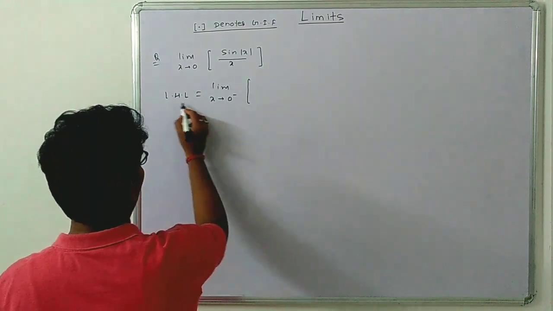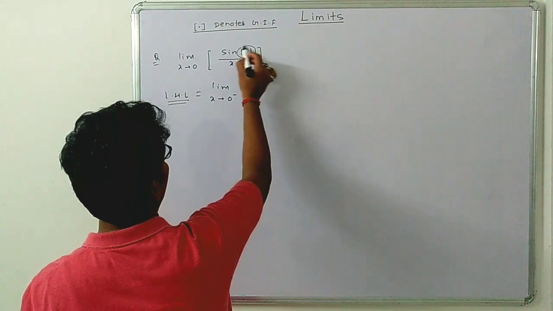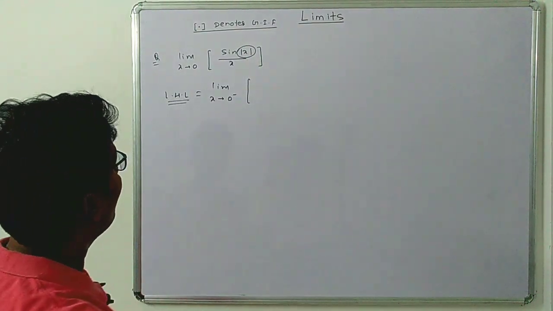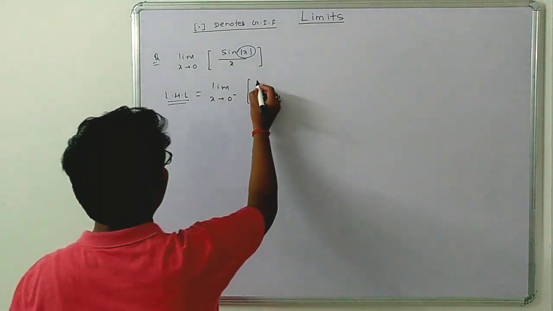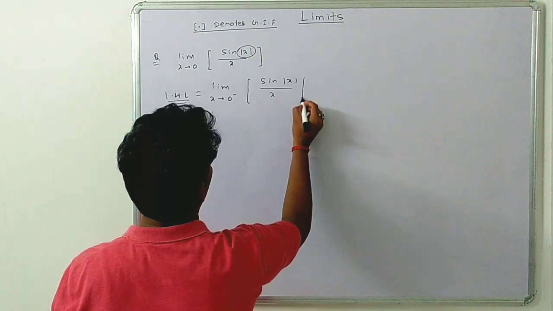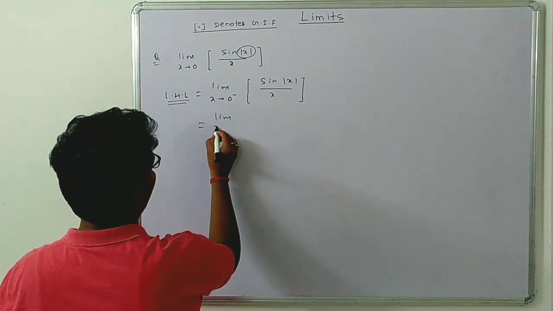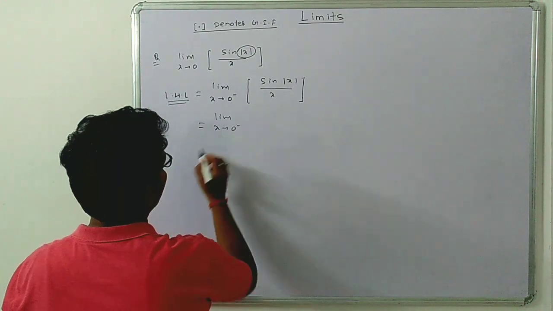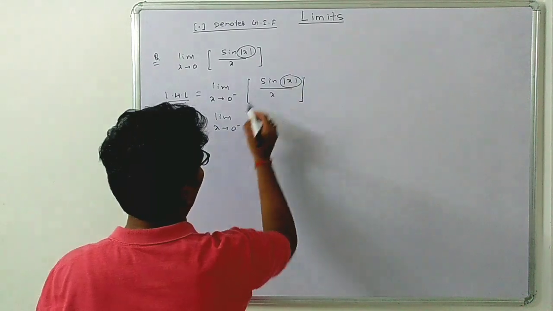Why are we finding the left hand limit and right hand limit separately here? Because this is inside the modulus, and the modulus changes for values less than 0 and greater than 0. So 0 minus, greatest integer of sine of mod of x divided by x. If this is 0 minus, the modulus will open with the negative sign.